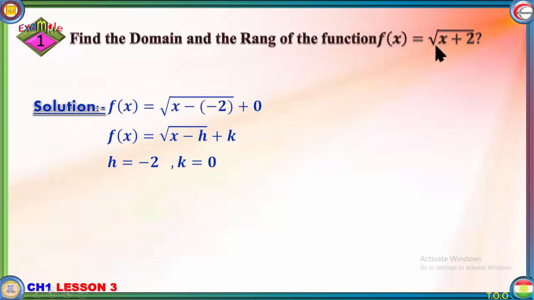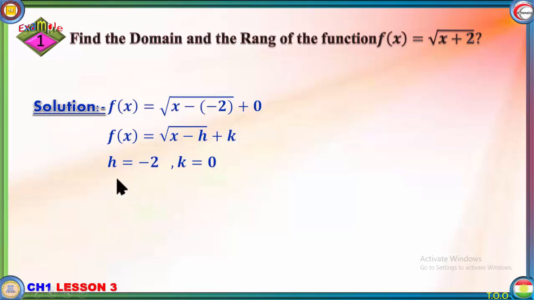Because the sign of x is positive and the sign of the square root is positive, therefore the domain starts from the start point to positive infinity, and the range starts from the start point to positive infinity.